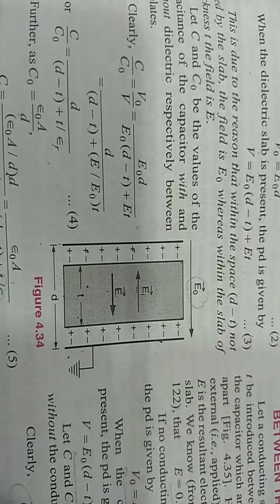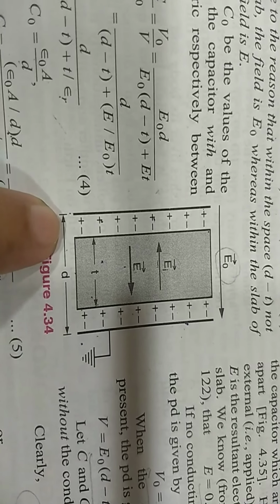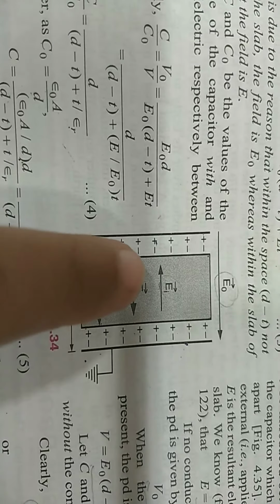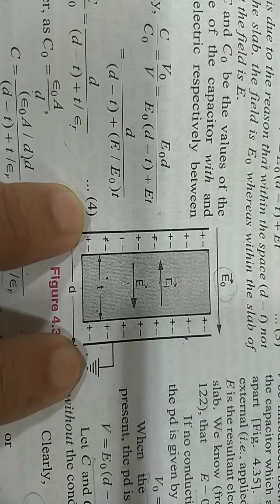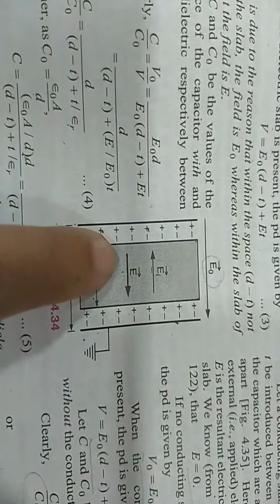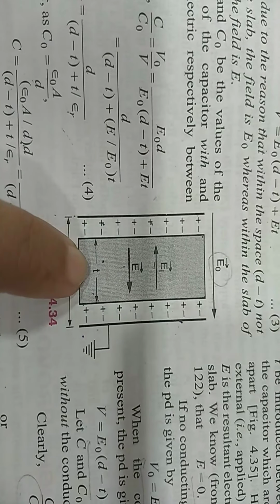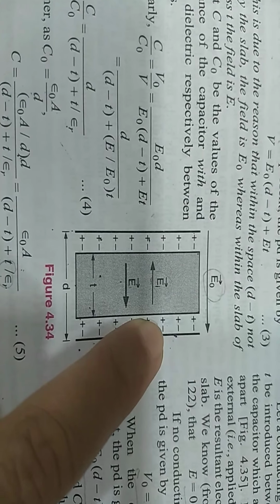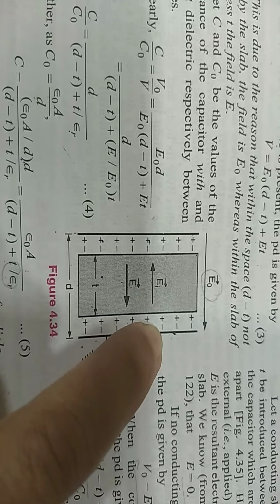Now we are making some twist in the story. You can see here D is the separation between two plates. Instead of introducing the dielectric throughout the space, meaning I am not introducing it throughout this gap, I am just introducing a dielectric of thickness T. So in this space and in this space there is air or vacuum, meaning there is no dielectric.